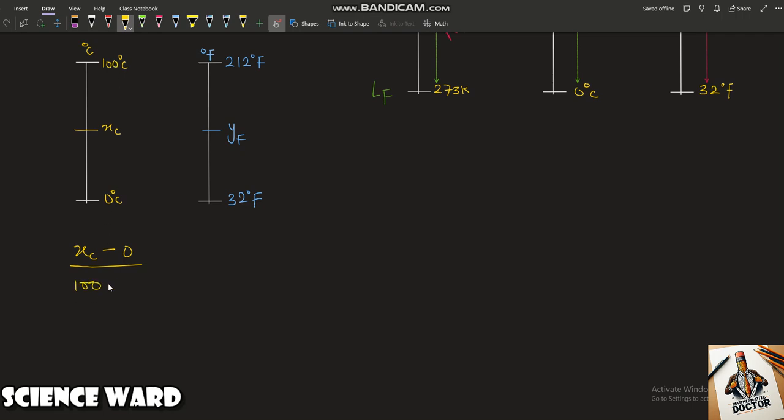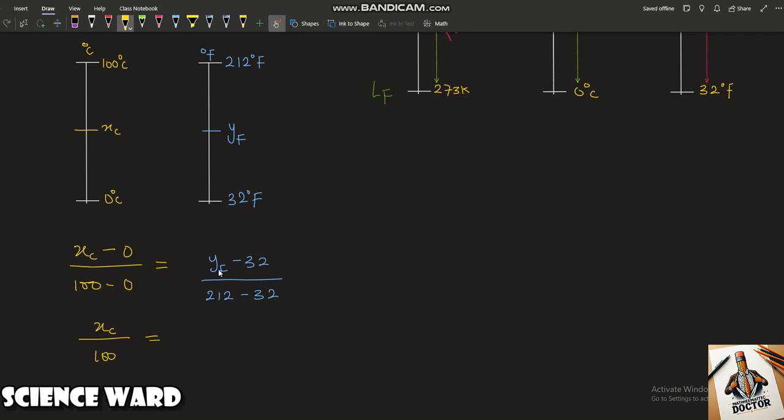And this should be equal to, in the basic, YF minus 32 divided by 212 minus 32. In this case, Xc minus 0 is going to produce Xc, and that is over 100 minus 0, which is 100.